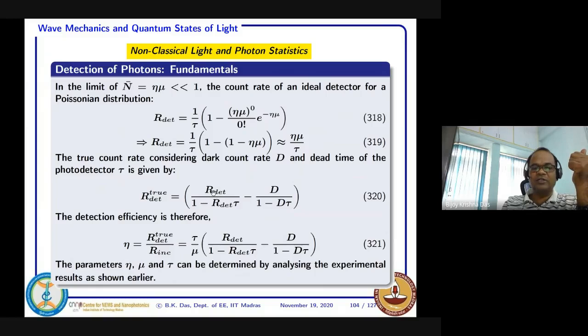This R detection now means the detected count, your experimental result, because in the experimental result you have included dark count and also the tau limitations. That one divided by whatever the total count is for that dead time, minus 1, actually gives you the dead time related count, and the dark count you have to subtract in the same fashion.